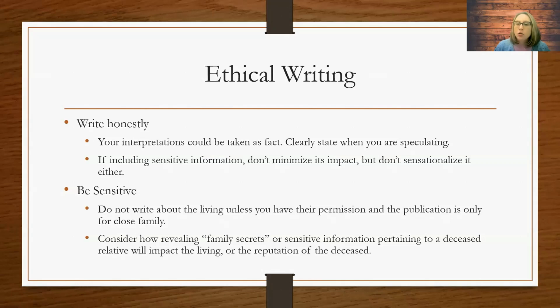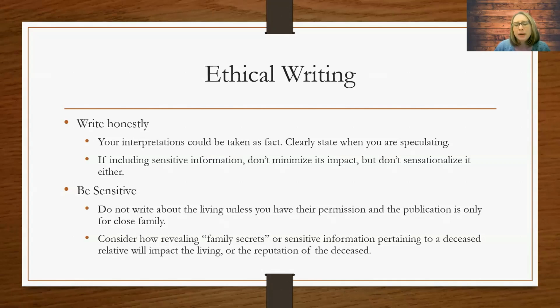And then also consider how revealing family secrets, whether the person's dead or alive, or sensitive information, will impact the living or the reputation of the deceased. So revealing information about a deceased relative could tarnish their reputation within the family, or it could have real world impacts on their family who is living.